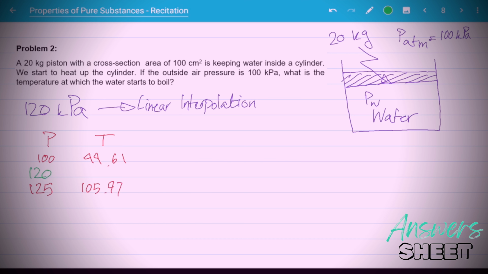We are looking for the pressure of 120. Assume that we have a TP space like this. Then I'm going to say, at 100 kilopascals, the temperature was 99.61. And at a pressure of 125, the temperature was 105.97.